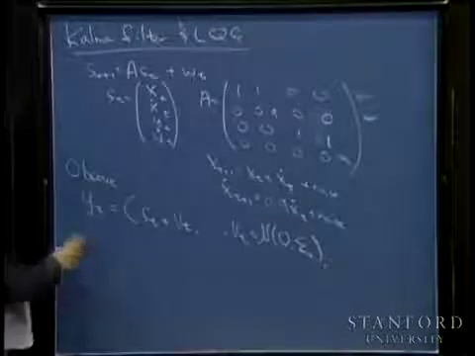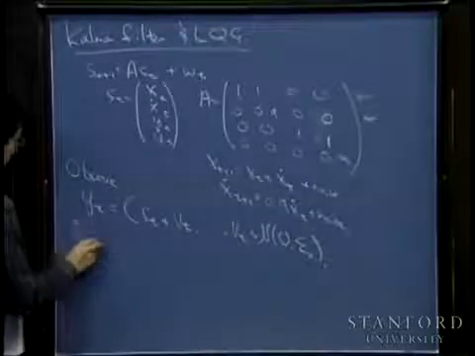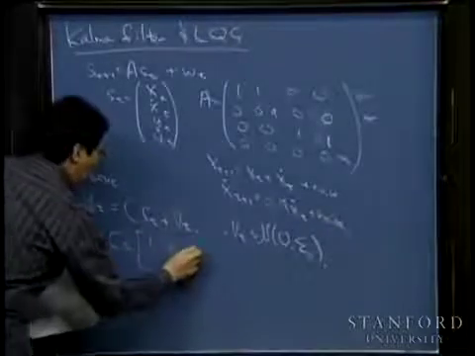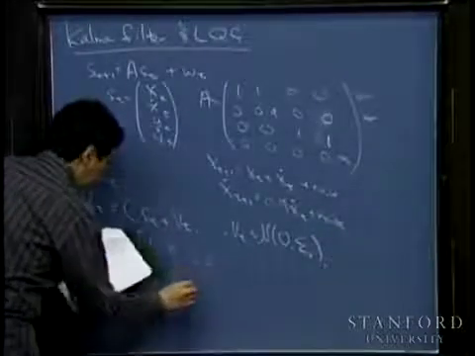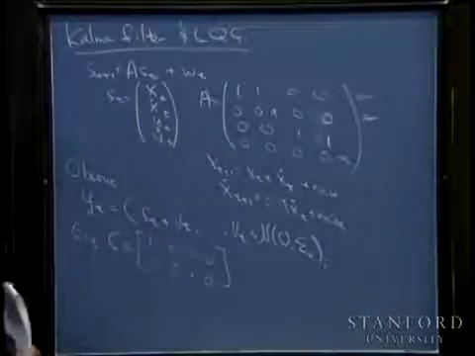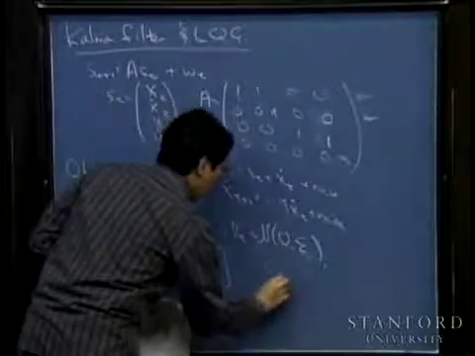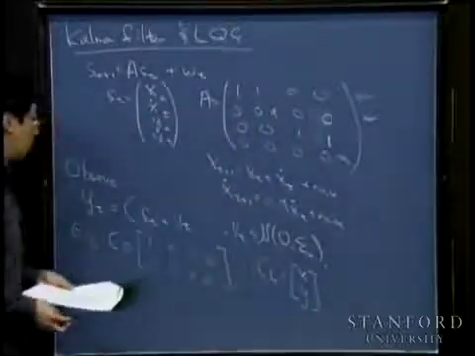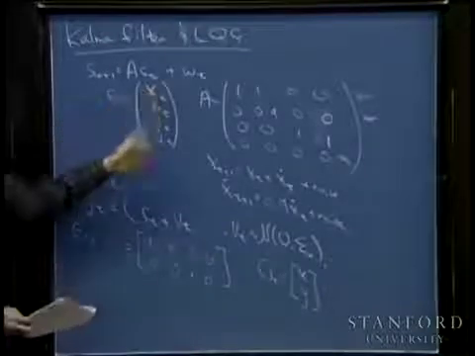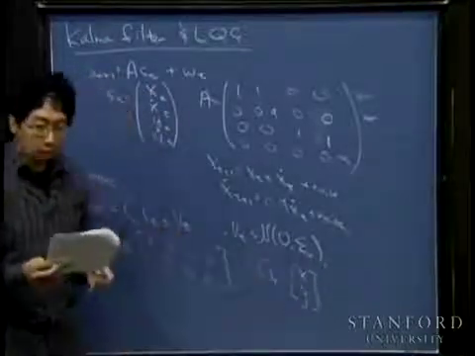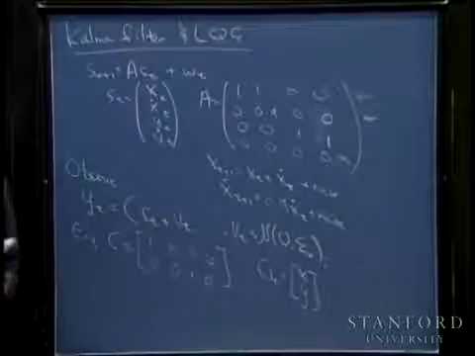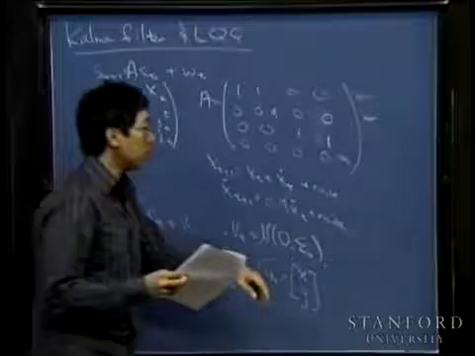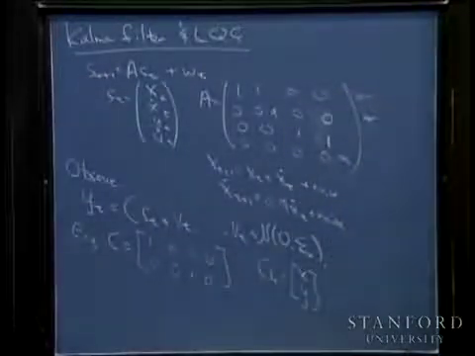In this example, let's say that C is that, and so C s_t is equal to xy, right? If you take this state vector and multiply it by C, you just get xy. And so let's say you have a sensor, maybe a radar, maybe a vision system, something that only gets to observe the position of a helicopter that you're trying to track.